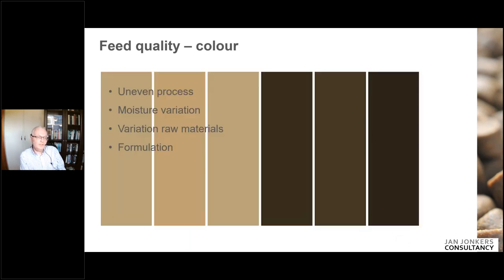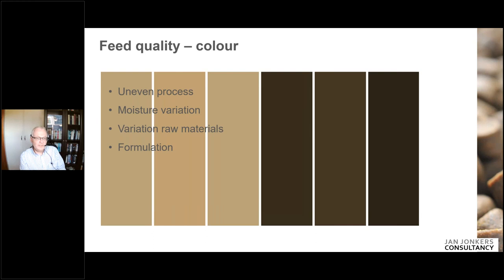Then there's another example. Color is very important. It is the first thing that customers will see of your products. So if there is a variation between different batches of feed of the same product, then a customer could react to this and say, oh, there is something wrong with the feed because the color is completely different compared to the earlier delivery. So that's something to also look at to get control of.